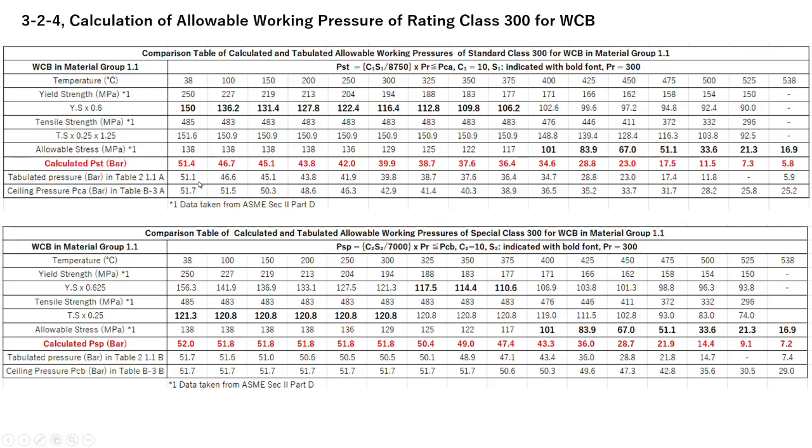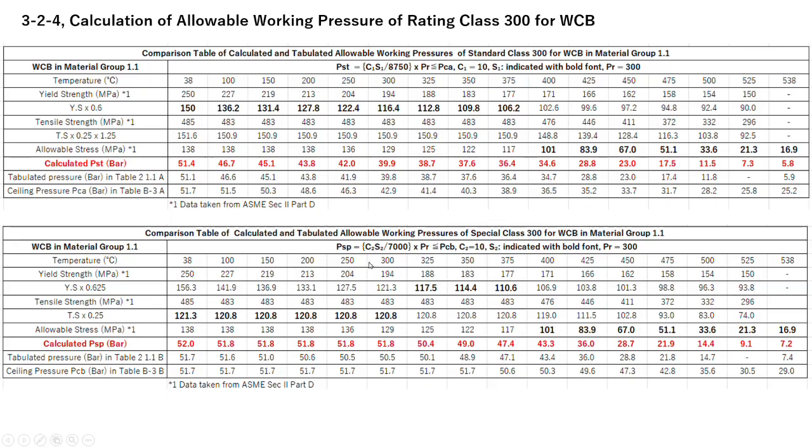So how about ceiling pressure? So I assign the ceiling pressure for standard class 51.7 like this. So the tabulated pressure and also calculated pressure do not exceed the ceiling pressure. It is okay.